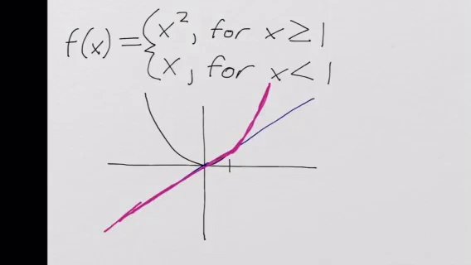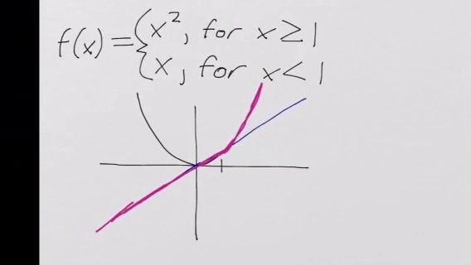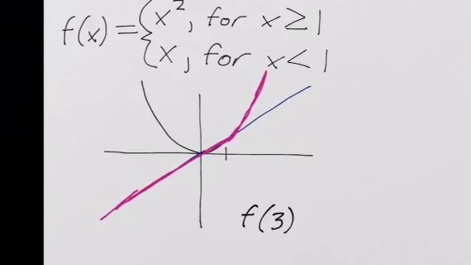Now the other thing that we can do with a function like this is say I asked you to evaluate f of 3. So the first thing I do is I take a look at that x equals 3 and I figure out which definition applies here.